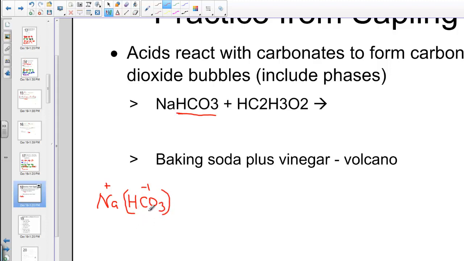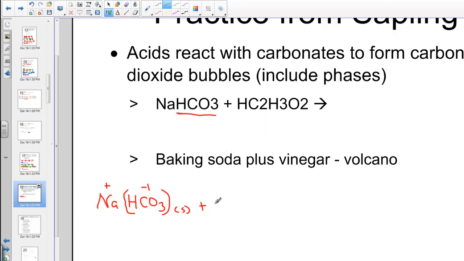Hydrogen carbonate is all one ion and it carries a -1. So baking soda we'll put in as a solid form. So that little s tells me its state of matter is solid. Sodium bicarbonate, sodium hydrogen carbonate, baking soda.